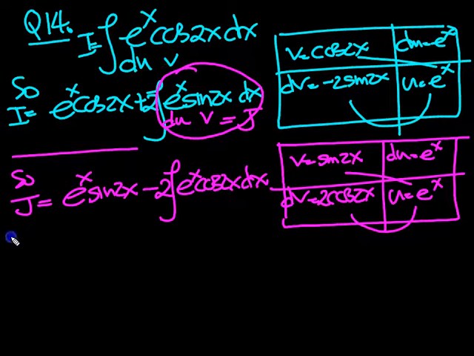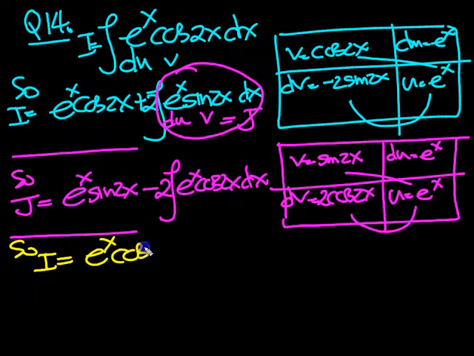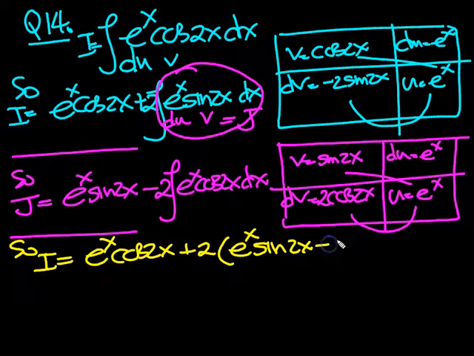So what have we got then? Let's draw a line across there. Now let's continue with the problem. So I equals then, what does it equal? Well, it equals e to the x cos 2x, yeah? Plus 2j, agreed? And we can put j in as e to the x sine 2x minus 2i, agreed? Because that's back to I there. Close that bracket.